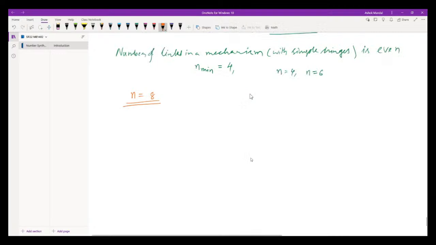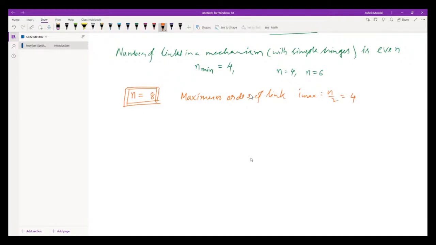if suppose the number of links in a mechanism is 8, what is the maximum order of link? Four. So i max is equals to n by 2. This is 4.